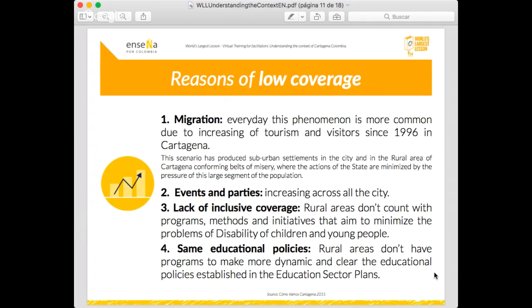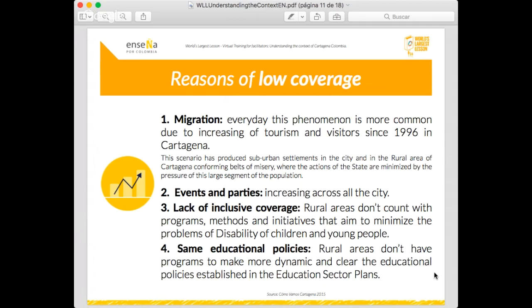And then we have the events and parties. Of course this is increasing across all the city because of the tourism, but also because of the culture. Sometimes they don't pay attention to the education because they have to work or take this opportunity to earn some money. And the third part is lack of inclusive coverage.